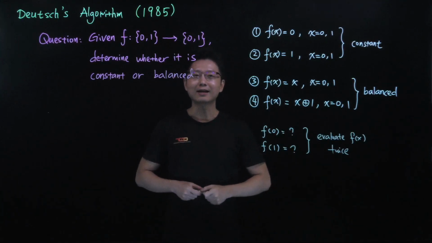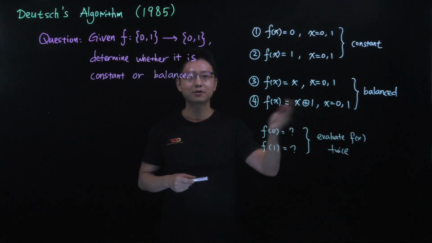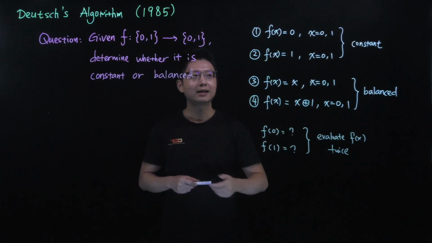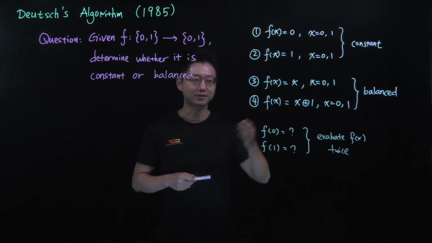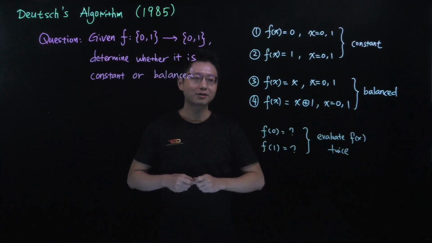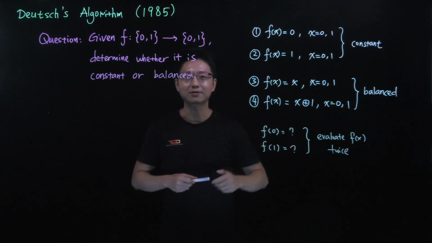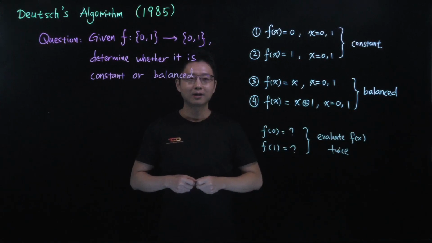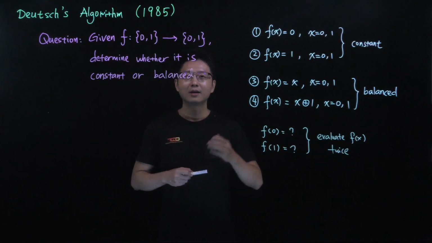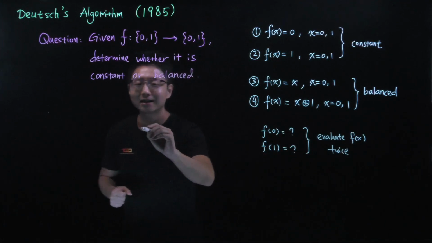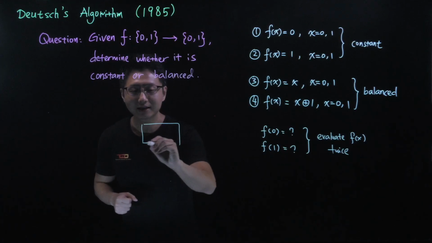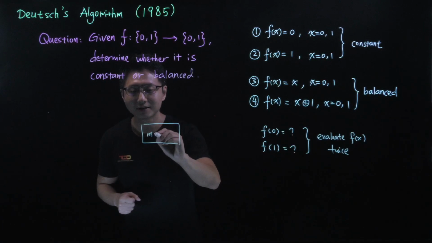Can we do better than that? Is it possible to evaluate the function only once in order to tell whether this function is constant or balanced? If you spend a little thought on that, this is not possible because you have to compare the 2 values. However, let's see what we can do with quantum computing. Before we go into that, let me first imagine that a certain machine is used to evaluate the function.